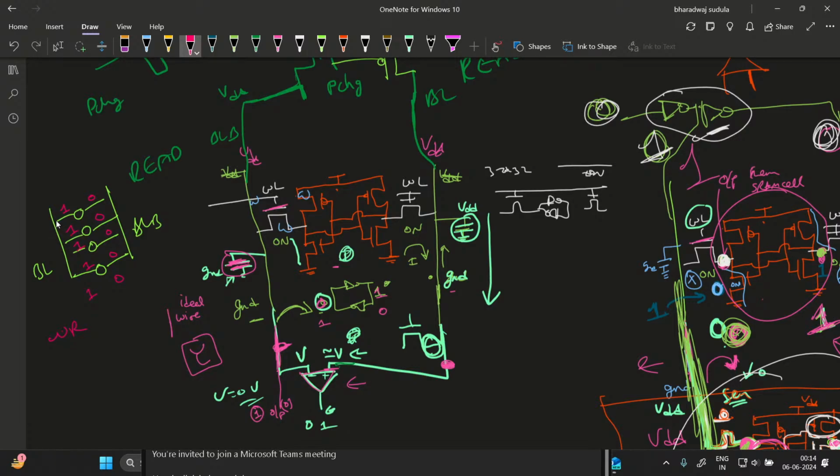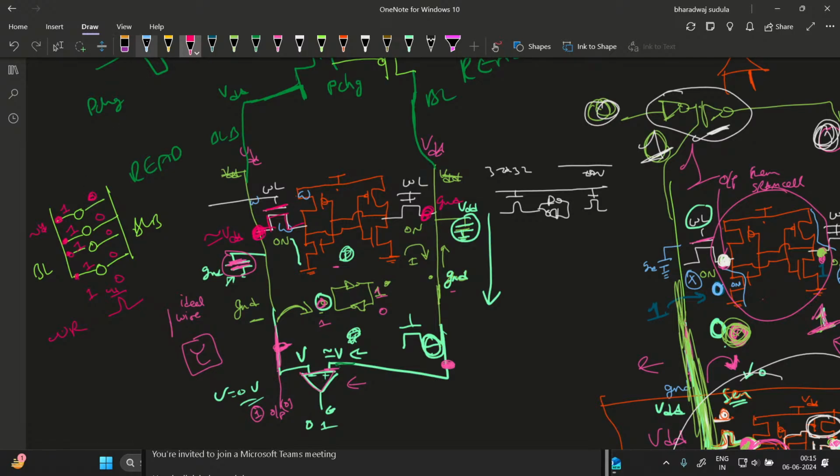So this diffusion cap has been charged to VDD or close to VDD. Diffusion in the sense there is an NMOS access transistor, this one I'm talking about. The other cap is actually grounded, because there is zero here.